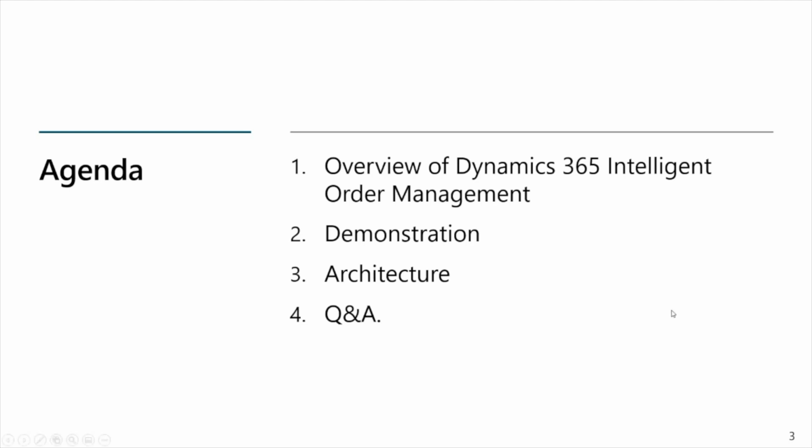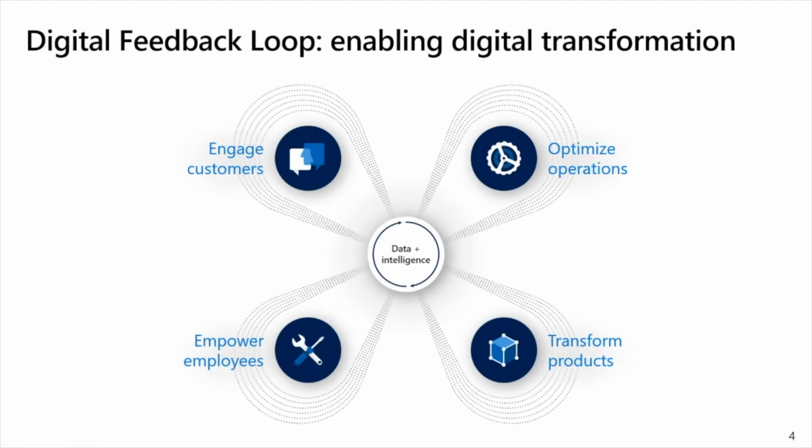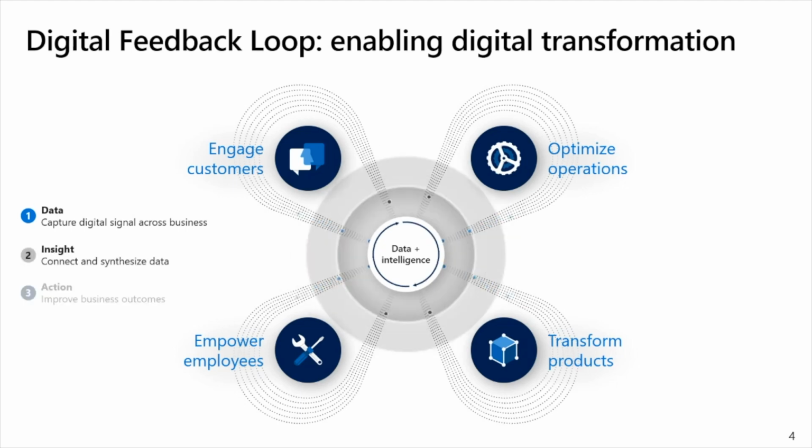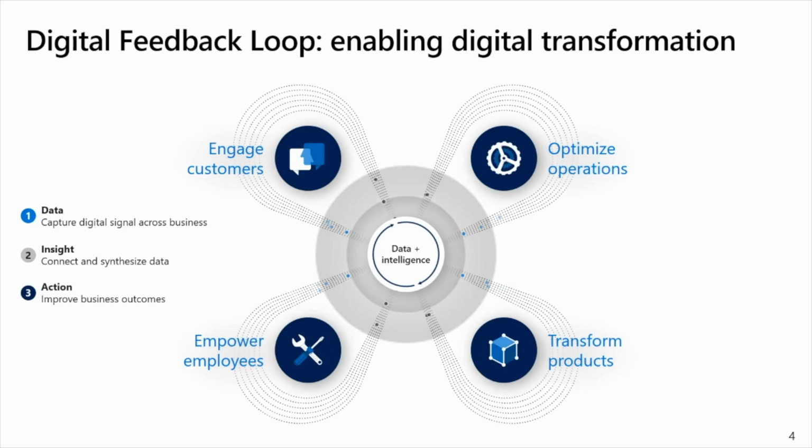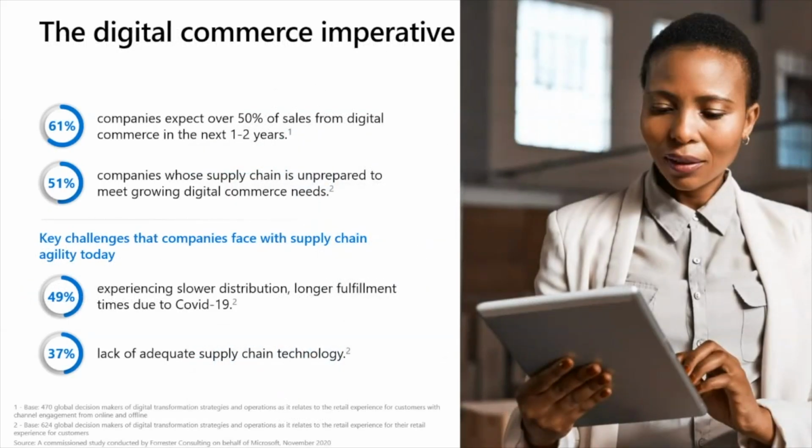So let's get in. We really wanted to focus on the digital transformation that customers were going through, and from an intelligent order management perspective, focus on how you can engage with customers. And that's really looking at that order management process in delivering products and fulfilling those products. We saw a lot of change over the last couple of years for many different reasons.